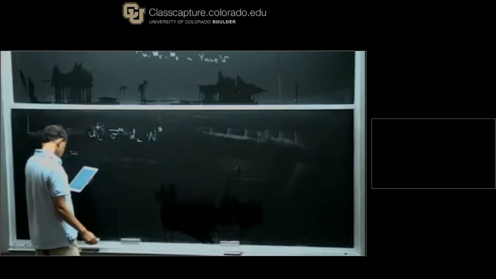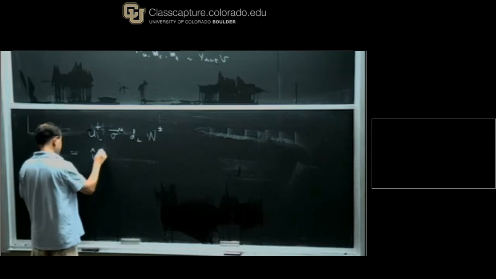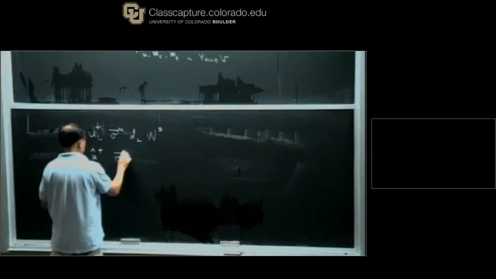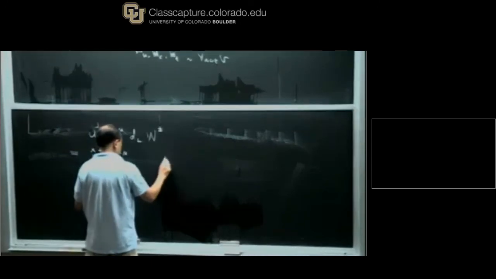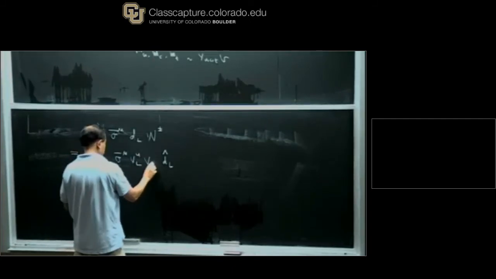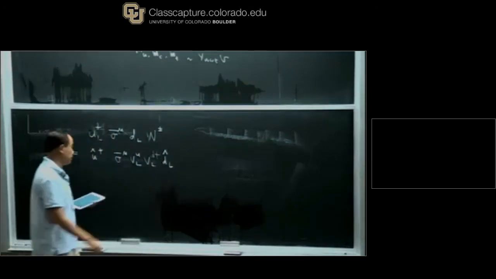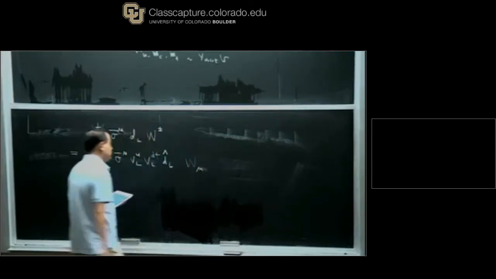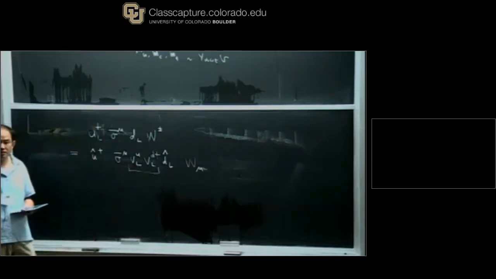And therefore, in terms of the mass matrix, the mass eigenstate, I will have this sigma U and the two rotation matrices here, and the W. Okay, so this is our flavor mixing matrix.